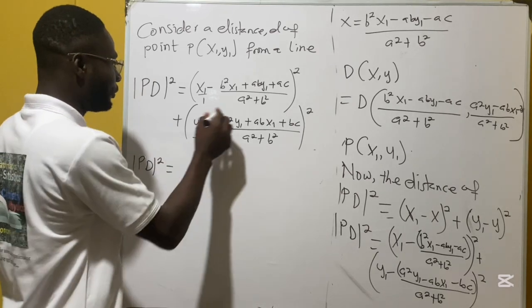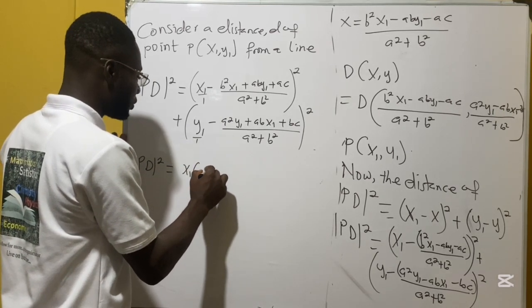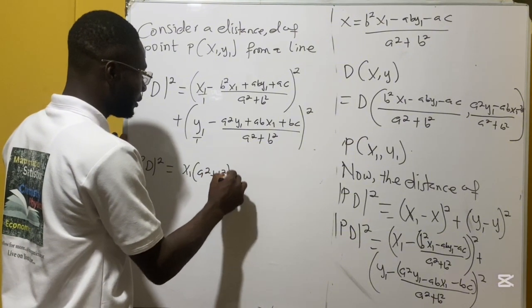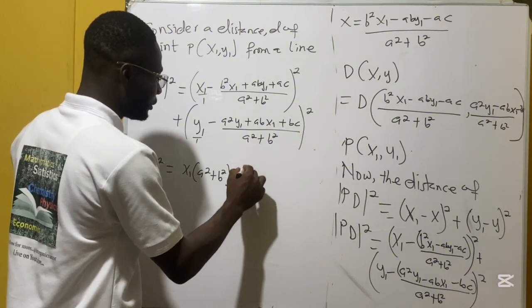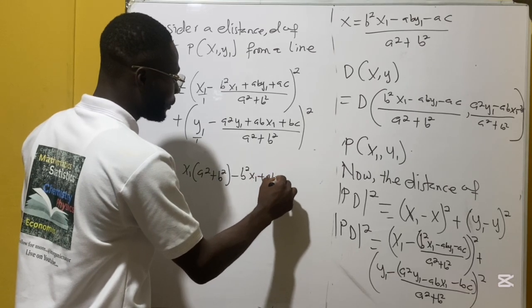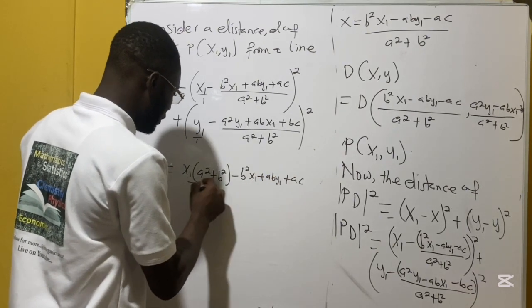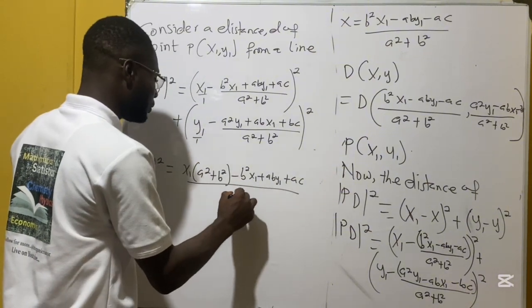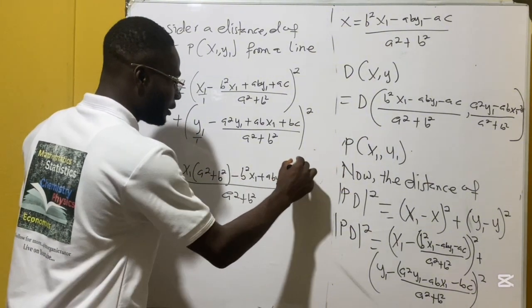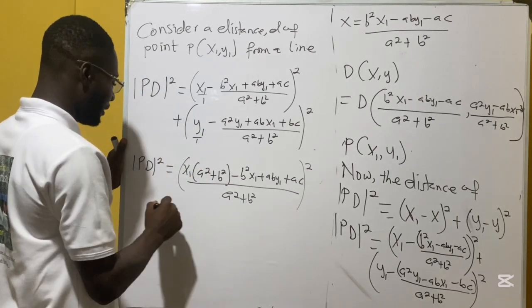So when we do that, we're going to have x1 into a squared plus b squared, minus b squared x1 plus ab y1 plus ac, all over a squared plus b squared, all squared, right?